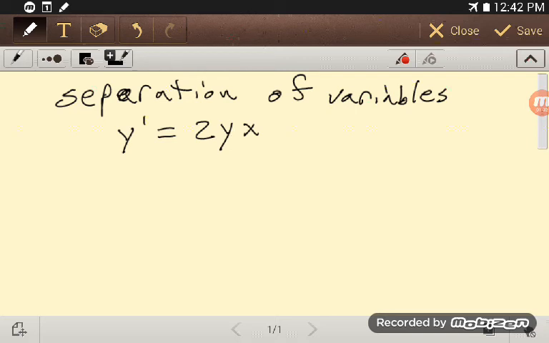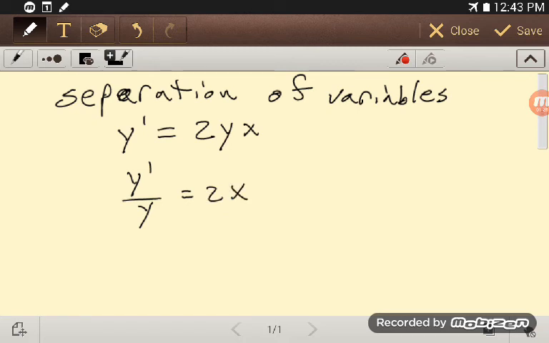If I want to solve this differential equation, one way to do it is to get it so that we have a function of y times y prime, and then have that equal to something just involving x. But it has to be times over on the left hand side. So in this case, if I divide both sides by y, I get y prime over y equals 2x.